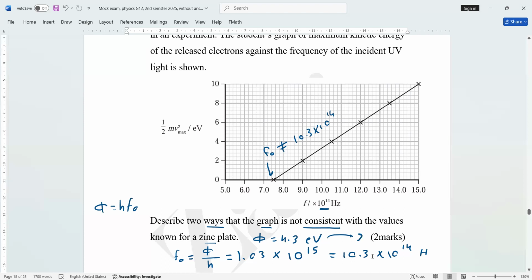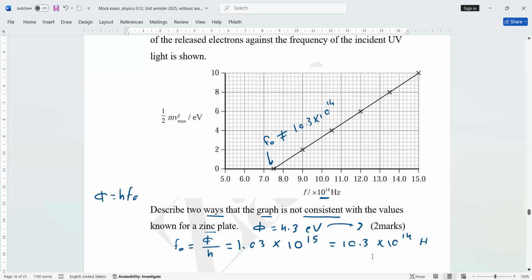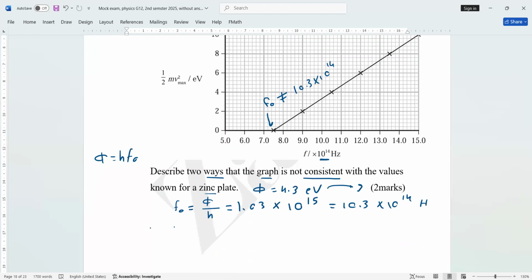F naught from the graph is not F naught of the zinc plate. So that is number one.